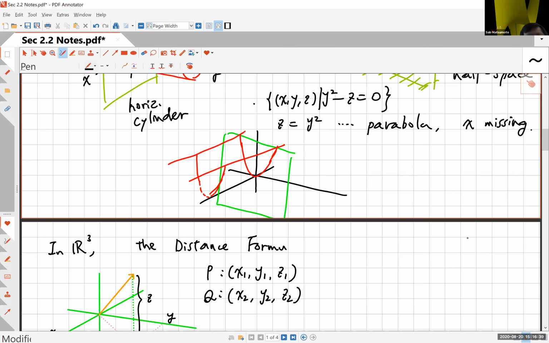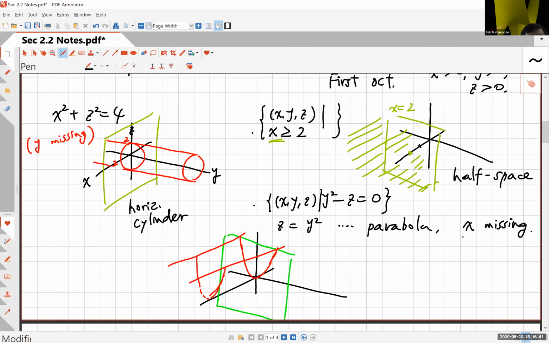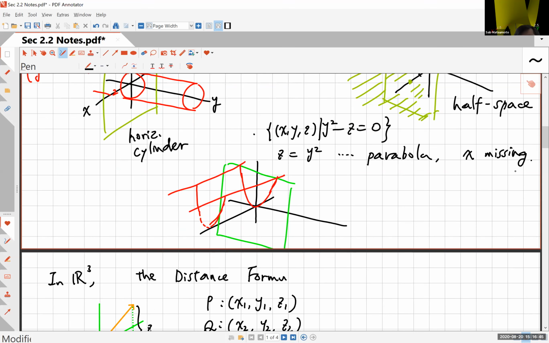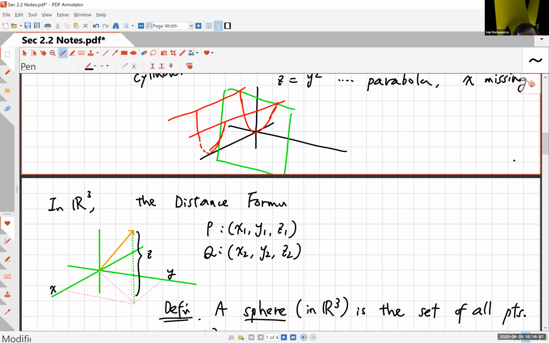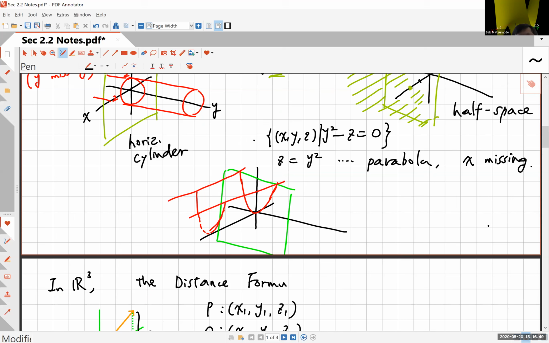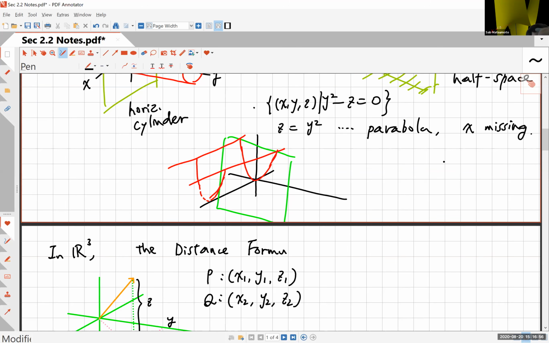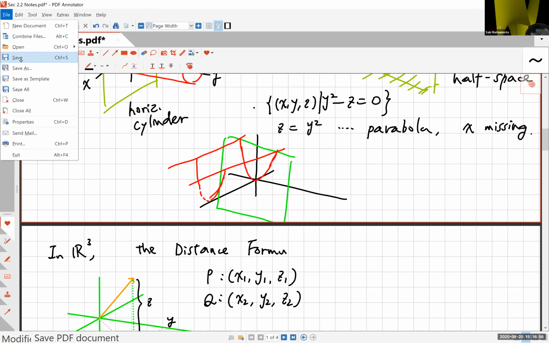But at this point, I want you to be familiar with how to visualize what is written in terms of an equation involving x, y, and z. We will have a lot more to say about these things in section 6, but at this point it's sufficient to just see some of these examples.